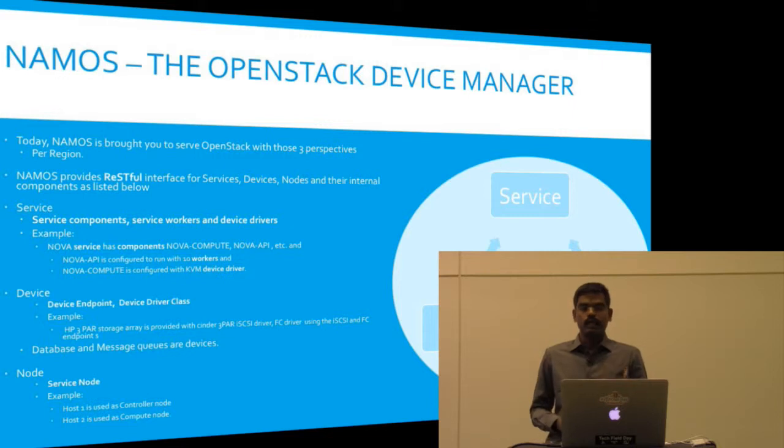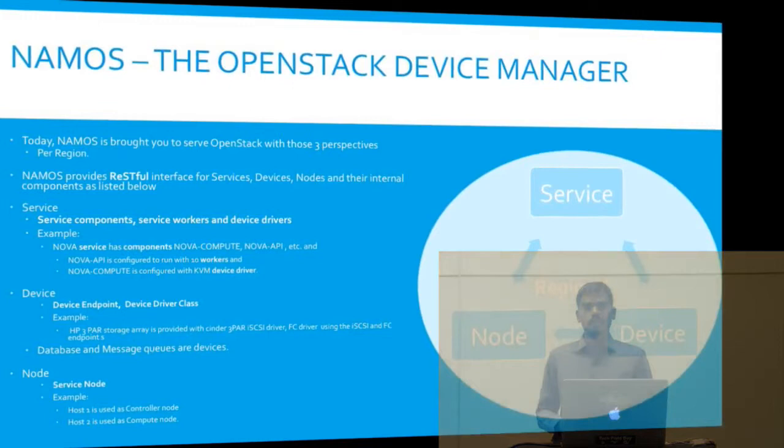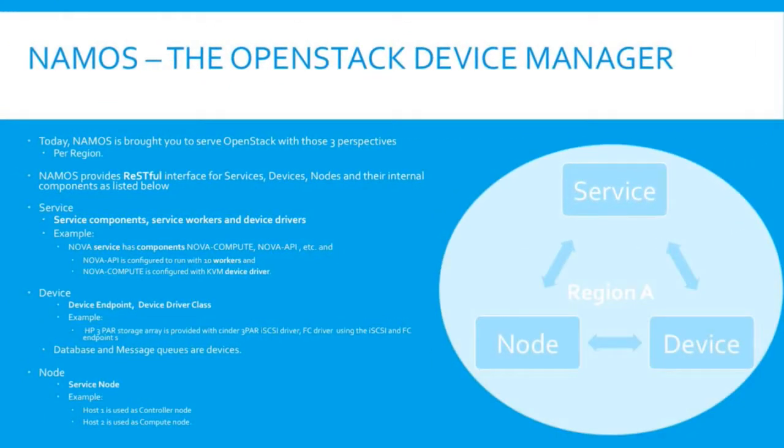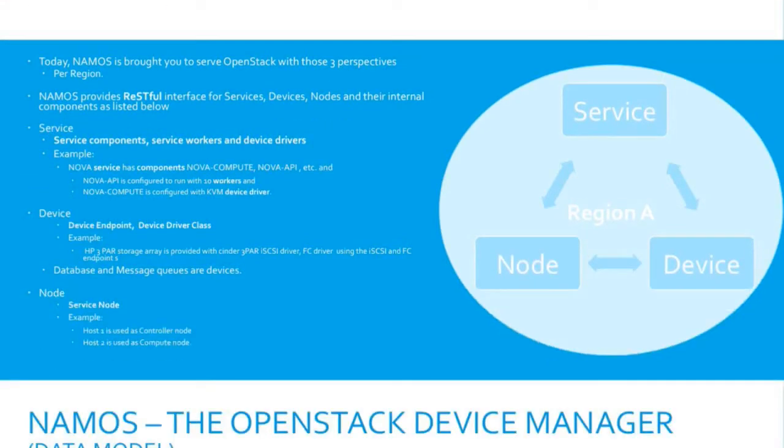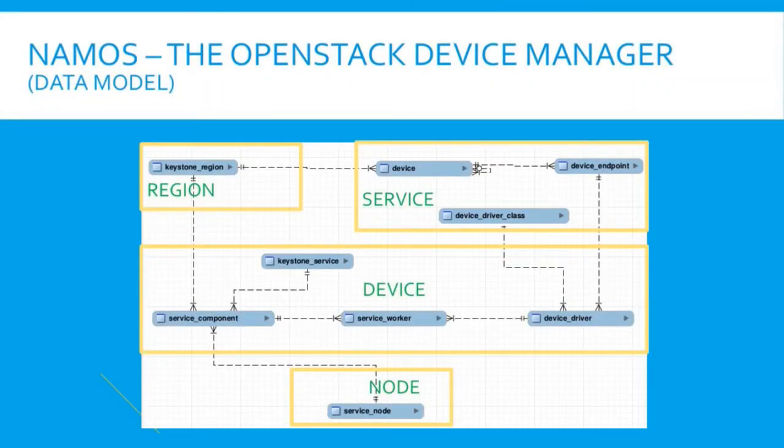As I said earlier, in namos the database and the message queues are modeled as devices, and a node is represented as the service node. If you collectively look at it, this is the data model where you have service, device, node, and the region.